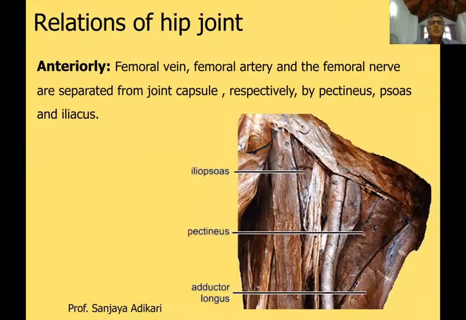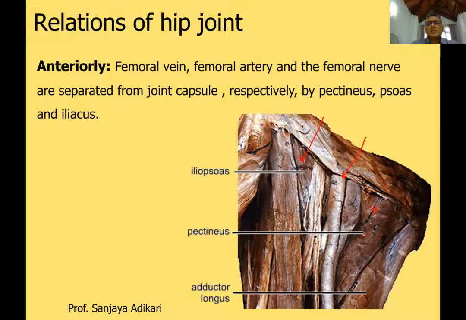So, relations of the hip joint. I mentioned a few things about them. The first point: you get the pectineus muscle here; underneath the femoral artery you get the psoas, and underneath the femoral vein you get the iliacus.